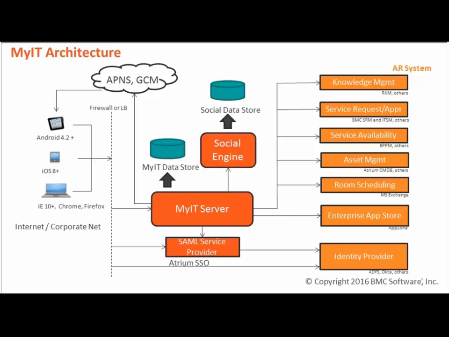Here in this architecture, I'm going to talk about the components that are part of MyIT and the technology that we use to build this product. As you can see here, there are different components that we have in MyIT. The core component is the MyIT server, which is purely built on Java and J2EE technologies.